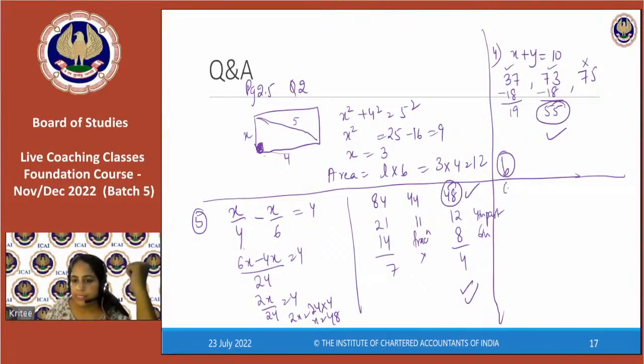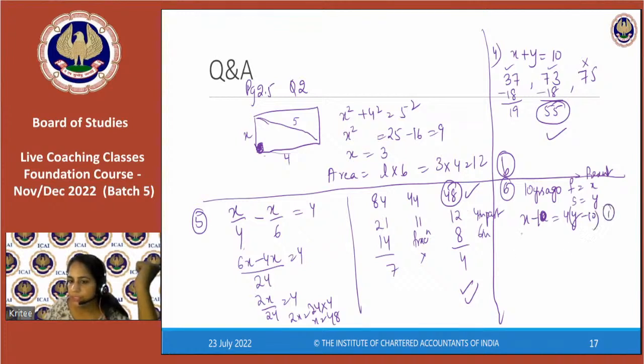Question number 6. This says 10 years ago, the age of the father was 4 times his son. 10 years ago. So age of father being X, son being Y. So X 10 years ago was 4 times Y. Okay, 10 years ago. This is the present age. So I will take X minus 10 to be equal to 4 times Y minus 10.